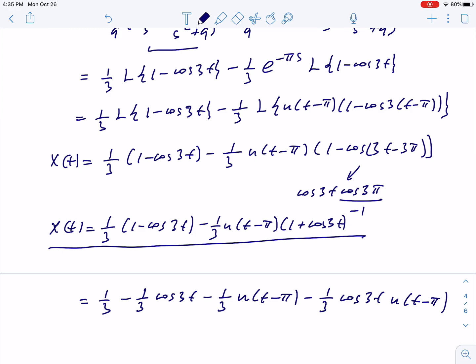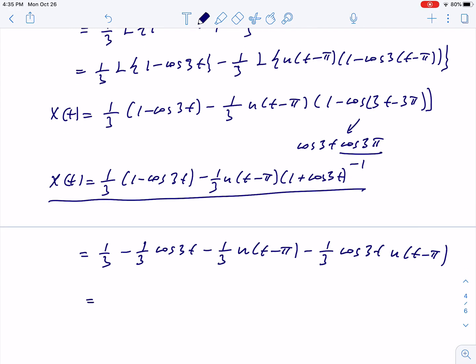Here we can write this as 1/3 (1 minus u(t minus pi)) and minus 1/3 (1 plus u(t minus pi)) and all this times cosine 3t. That's how you can write the solution.